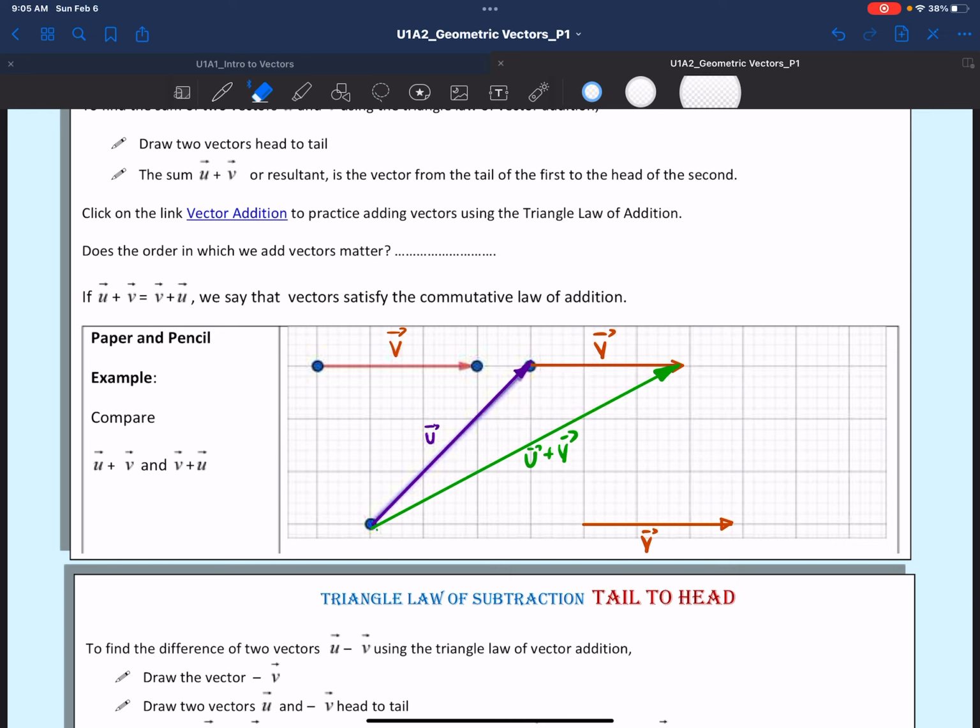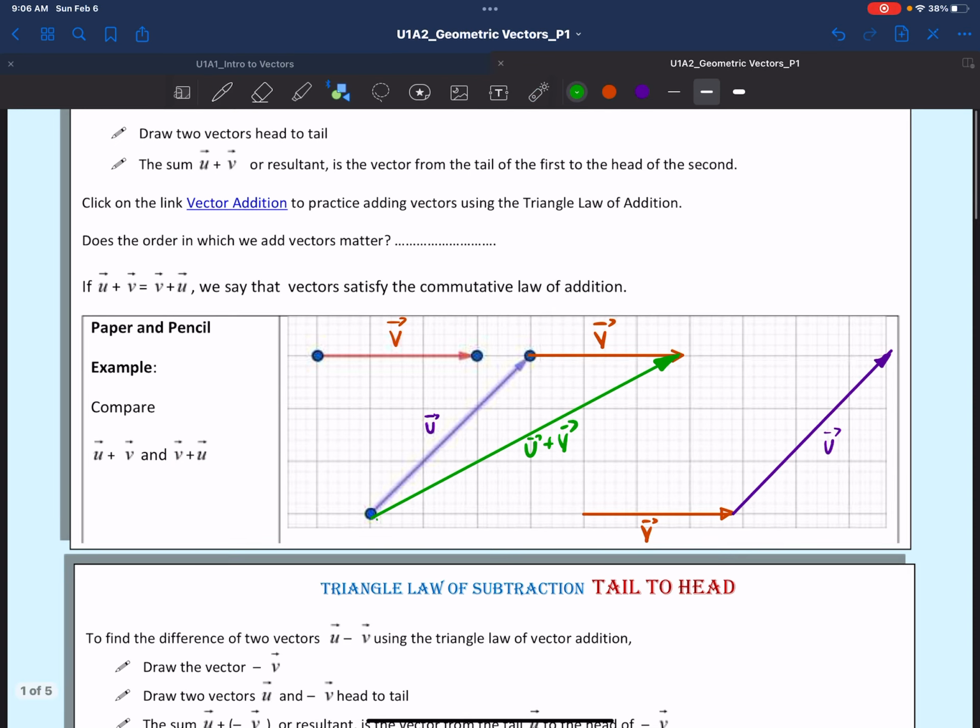I will place the tail of vector u at the head of vector v, because that's the vector that is added to v. Now the resultant vector will be the one that connects the tail of vector v, the starting vector, with the head of vector u, the vector that is added to the first. This would be the resultant vector v plus u this time.